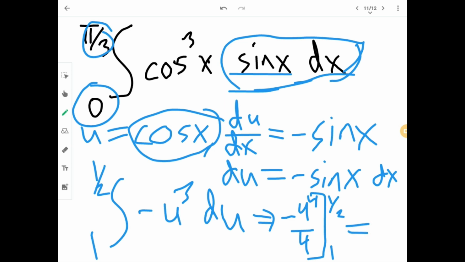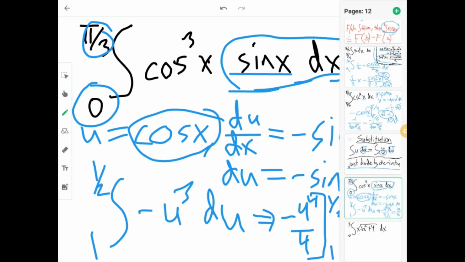Then you put it in the calculator, and you should get a value. It will be a fraction of order 16, so something over 16. And that's it for this question.